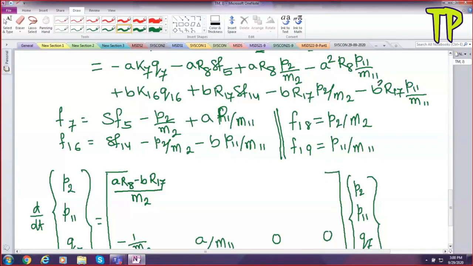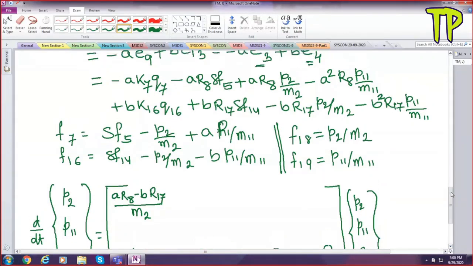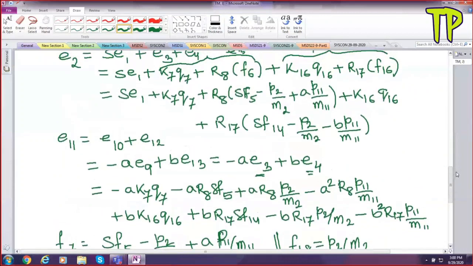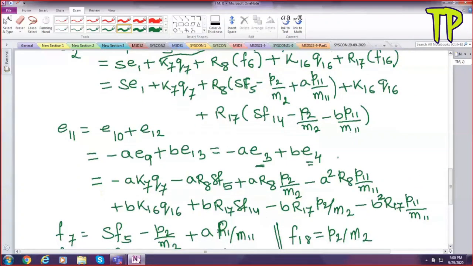I will check. It has to be square, otherwise it's dimensionally not matching. Yes, it's B times E4. So when we multiply with B, obviously there is another B here. So it will become B square.